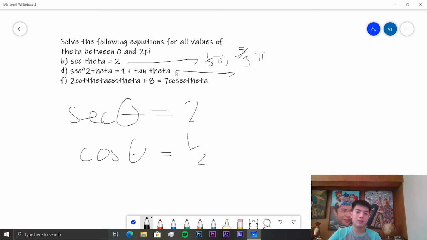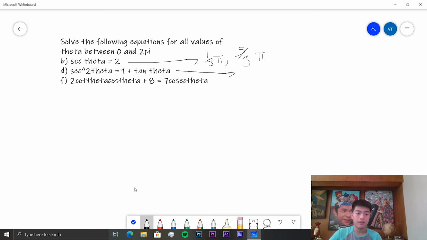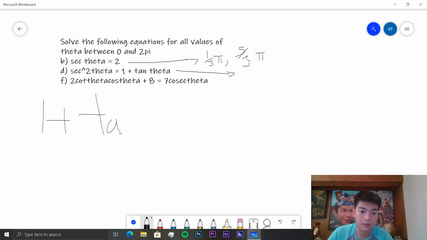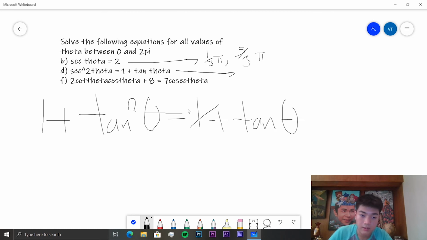Next, for secant squared theta is equal to 1 plus tangent theta. We know secant squared theta is actually equal to 1 plus tangent squared theta, and this is equal to 1 plus tan theta. So cancel that out.